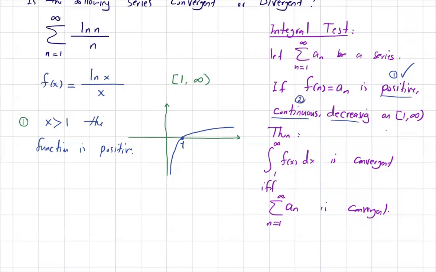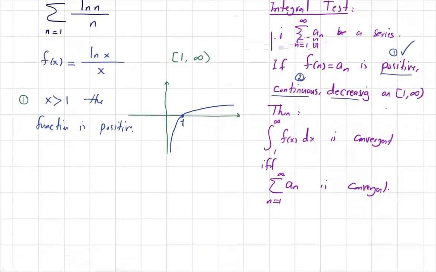There is no hole, no cut, no jump. So number 2, it is also continuous on 0 to positive infinity, which includes 1 to infinity as well. So the second condition is also met.